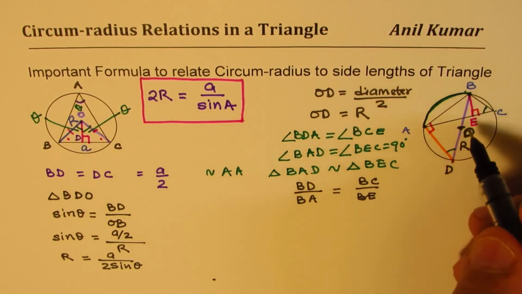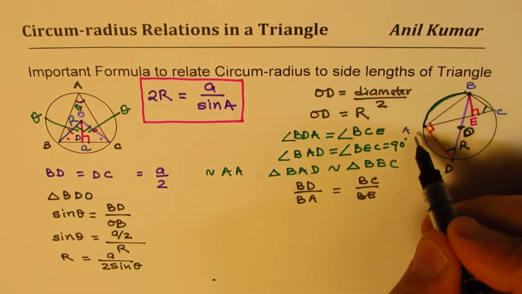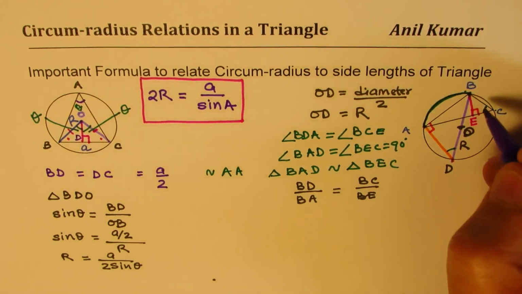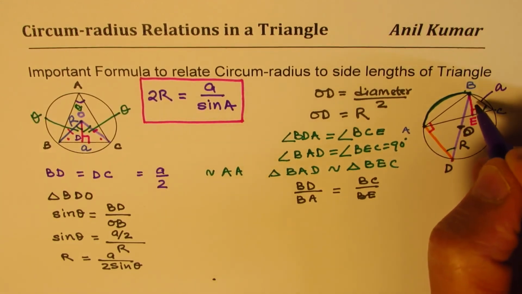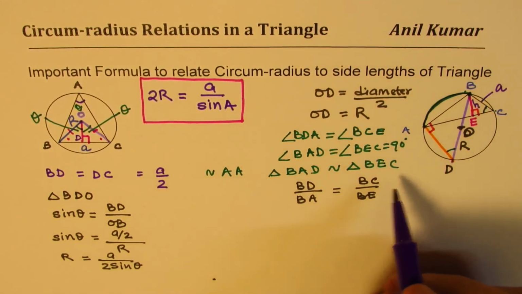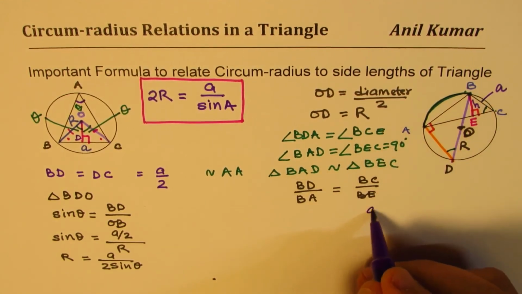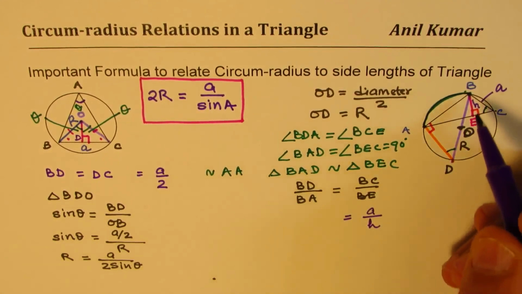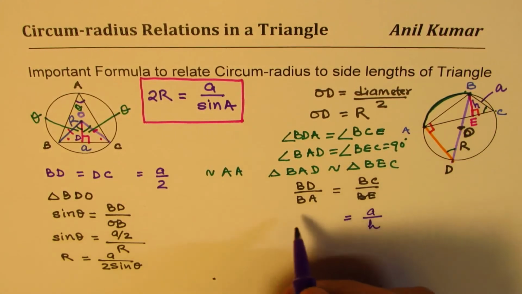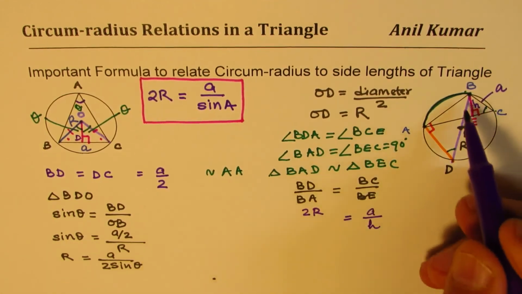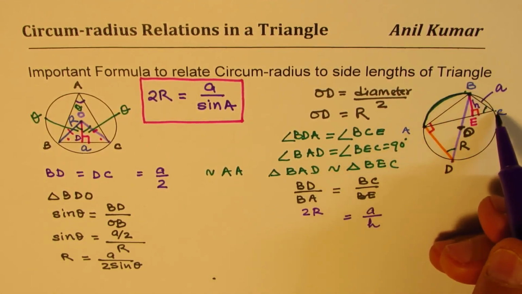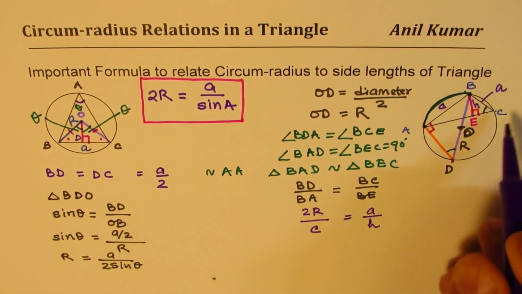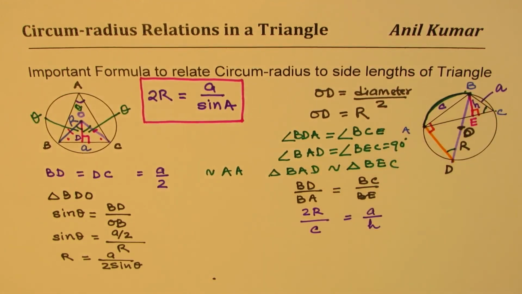Now, B to C is the side opposite to A. I'll call this lowercase a, and this I'll call height H. So we could write B to C as a, B to E as H. Now BD is 2 times R. And B to A, this side is opposite C, so we'll name this C. So we just named them as per our triangle sides.